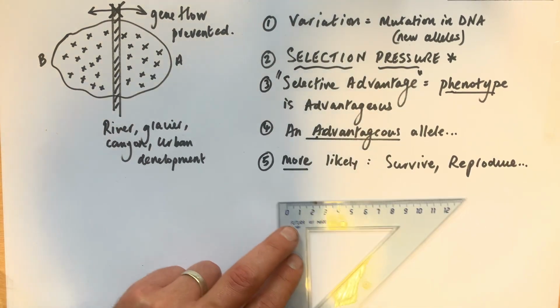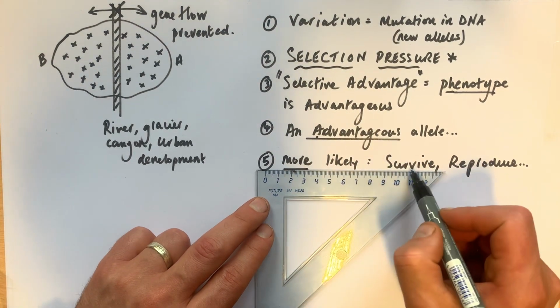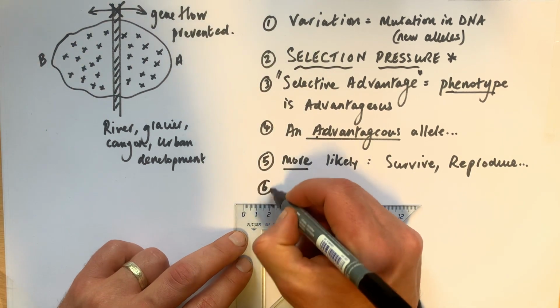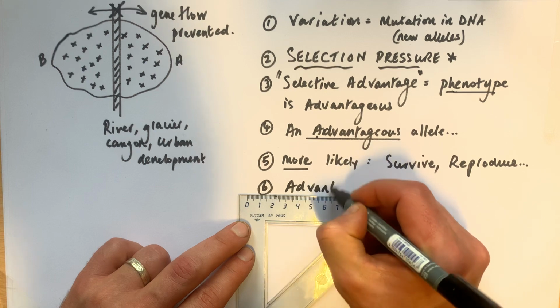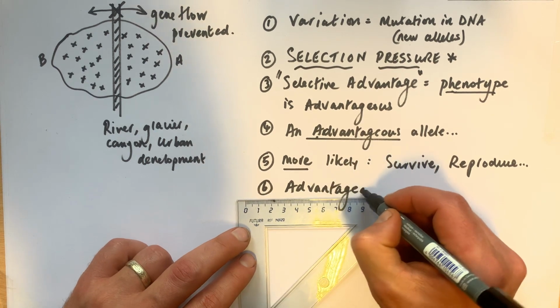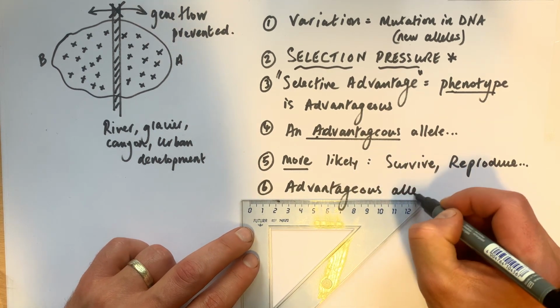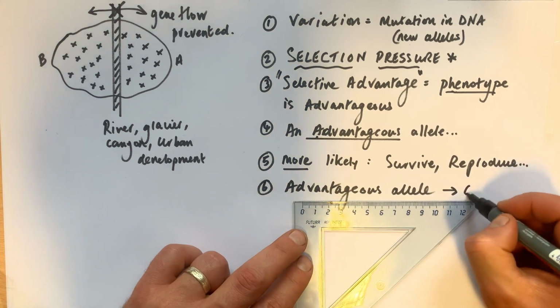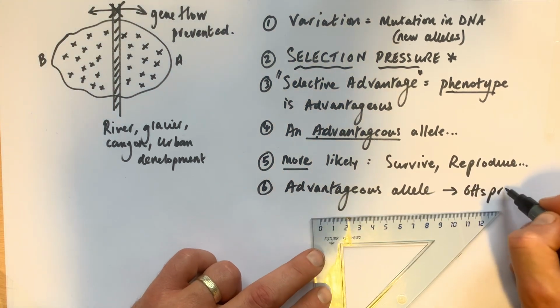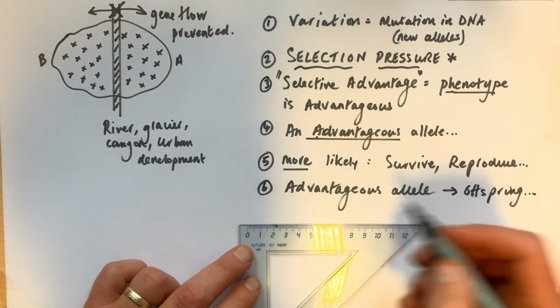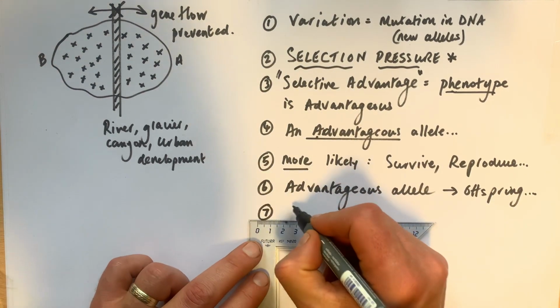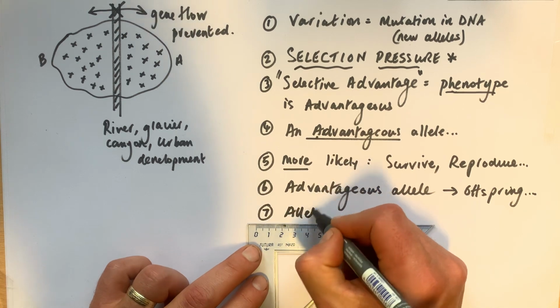Survival of the fittest. Now, because they're more likely to be able to survive and reproduce, that means over time, they pass on their advantageous allele to offspring who themselves pass on the advantageous allele to their own offspring, so through generations. And number 7, the allele frequency.